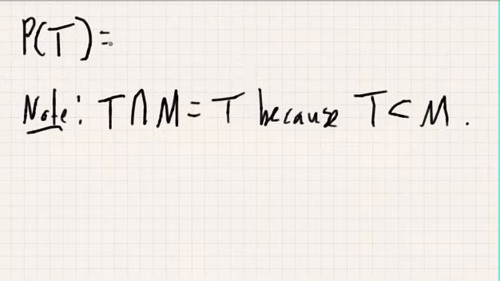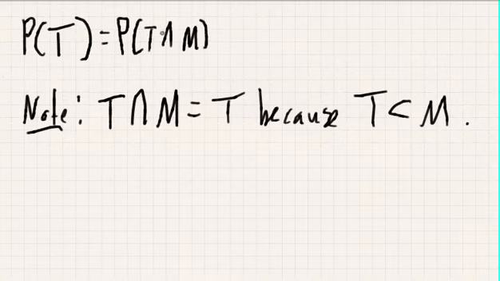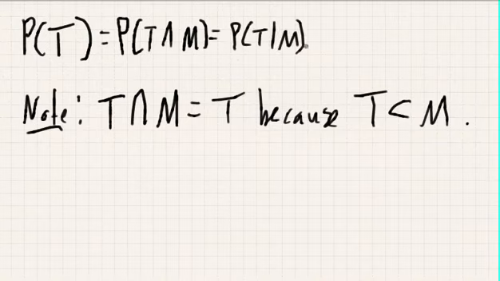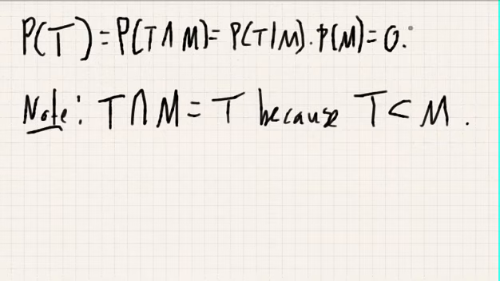So the probability that a random American travels by train is the same as the probability that they travel by train and by mass transit, which is the probability that they travel by train given that they travel by mass transit times the probability that they travel by mass transit. Now, the probability that they travel by train given mass transit is 0.4, and the probability that they travel by mass transit is 0.05.